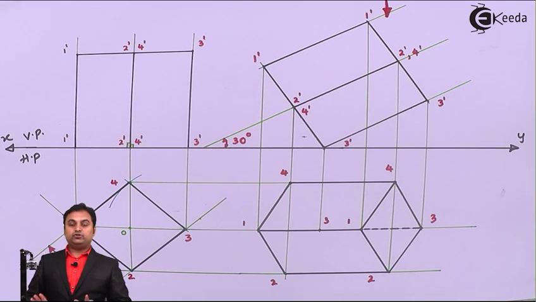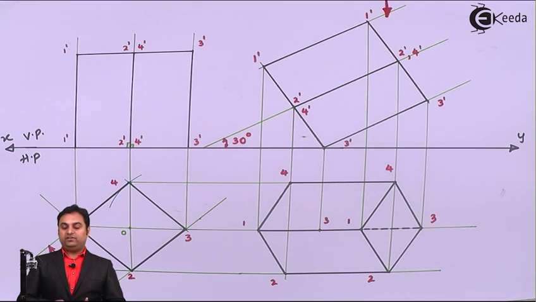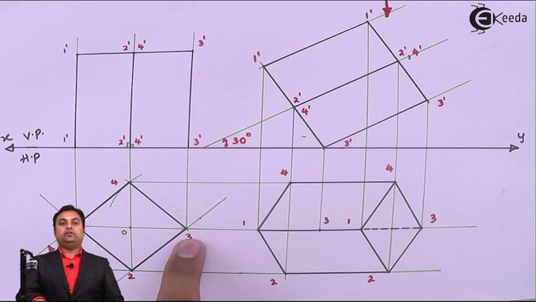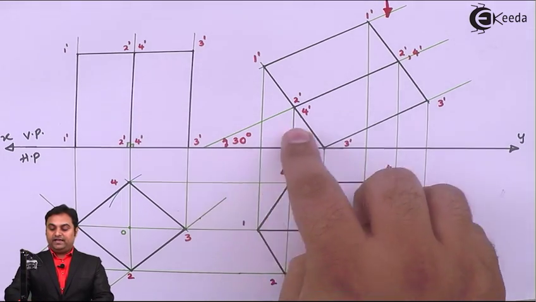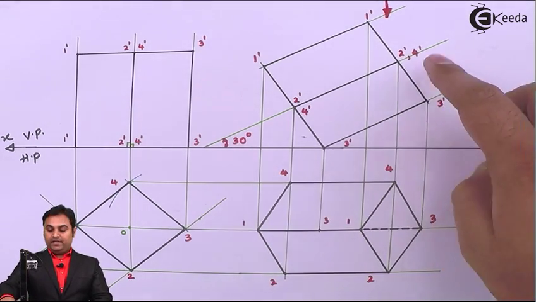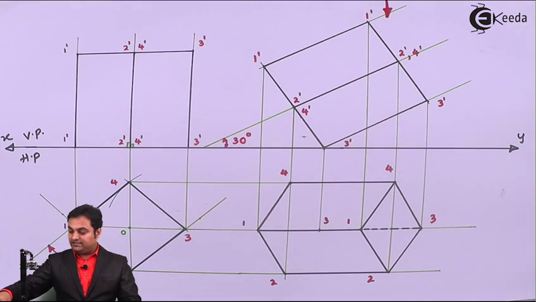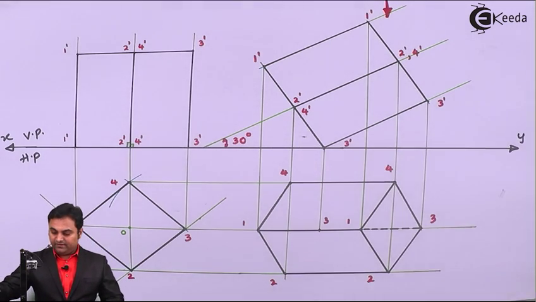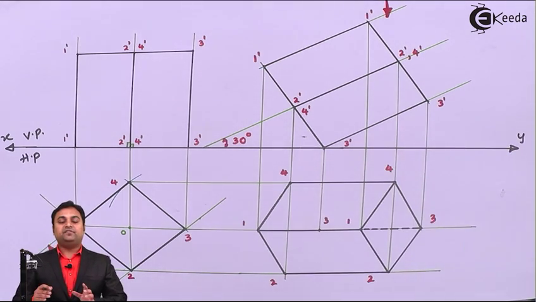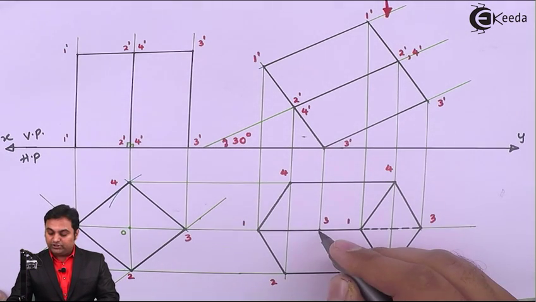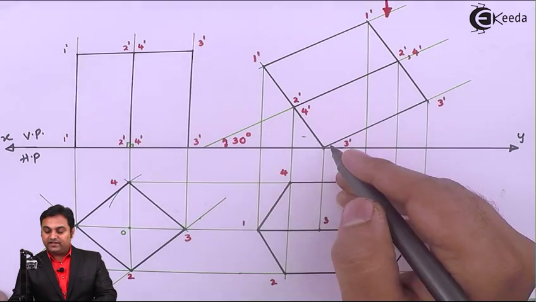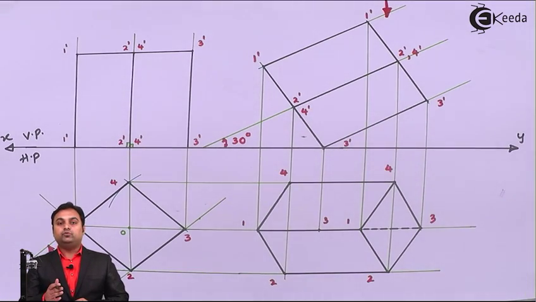So this is the solution to the problem, in which they had given a square prism resting on one of its corners, and then that square prism was tilted in such a way that the axis is inclined at 30 degree, and we have drawn the projections. At the same time, here I can see that since square prism is made up of continuous edges, even 3 to 4 and 2 to 3 should be joined, but as they are at the bottom, so that would be hidden.